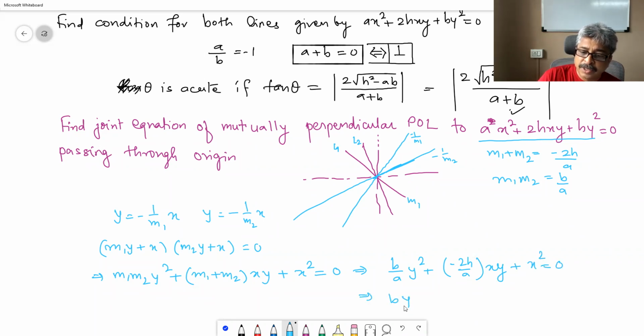Simplifying, we get b y square minus 2h xy plus a x square is equal to 0. Simple.